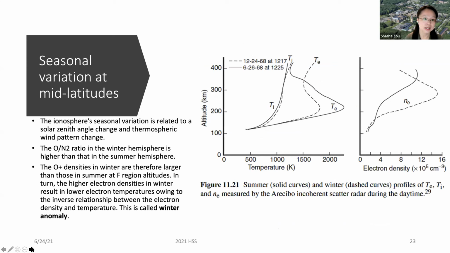We already looked at the seasonal variation in terms of the densities. Here I want to highlight a very interesting feature of the temperature. For the winter hemisphere, we have already seen that due to the thermosphere composition change, we can have larger electron density in the winter hemisphere.